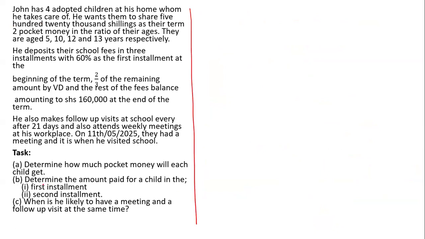The second part, they're asking us to determine the amount paid for a child in the first installment and the second installment. When you read through the scenario, they told us that he deposits their school fees in 3 installments, with 60% as the first installment at the beginning of the term, 2/3 of the remaining amount by mid-term, and the rest of the fees balance at the end of the term.